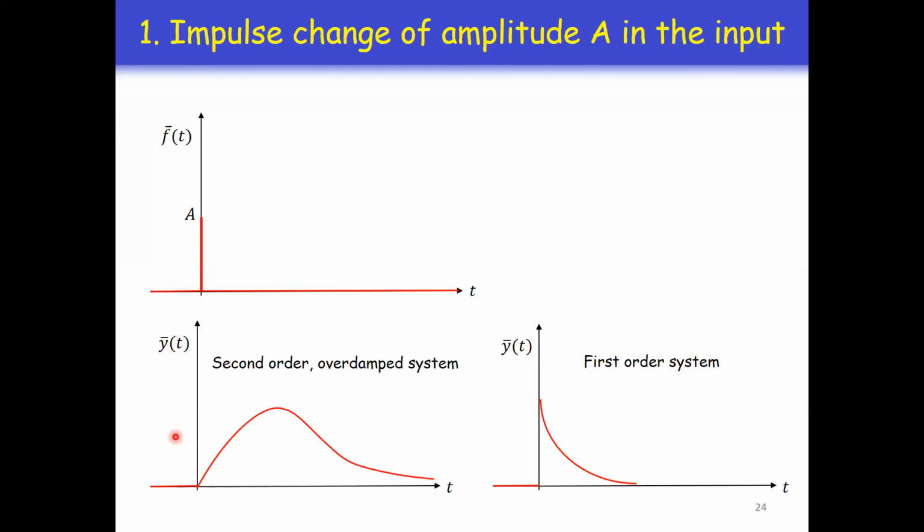Yes. And is this good or bad? Absolutely bad. Absolutely bad. When you have a disturbance, you want the effects of the disturbance to disappear as soon as possible. You don't want the response to relax over long times, because this may put you in unsafe situations. So, first conclusion, second order systems are slow.